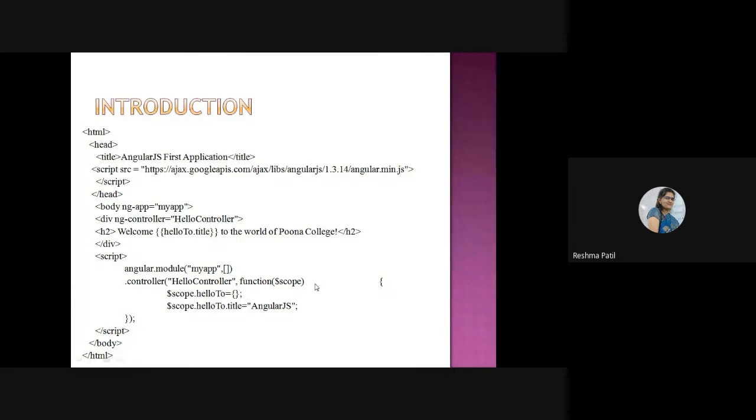Then using this scope object, create the function hello2 is equal to empty brackets. Then for this hello2 only, we are going to create the field title.